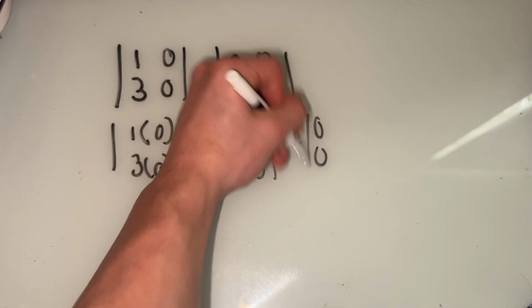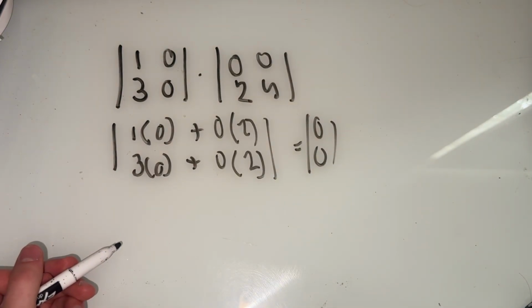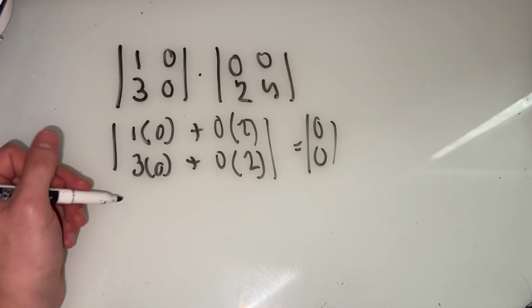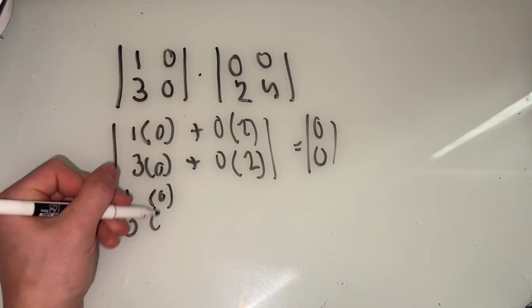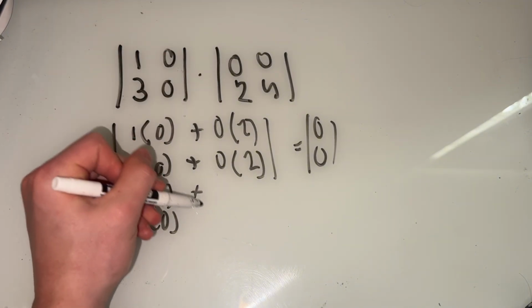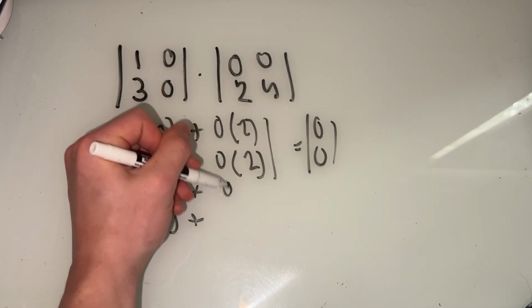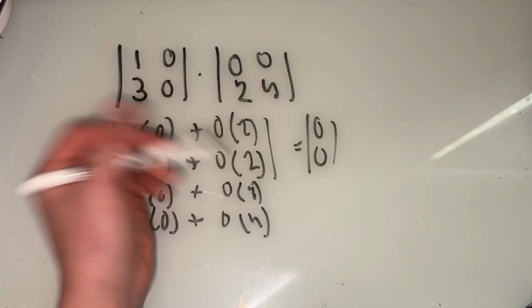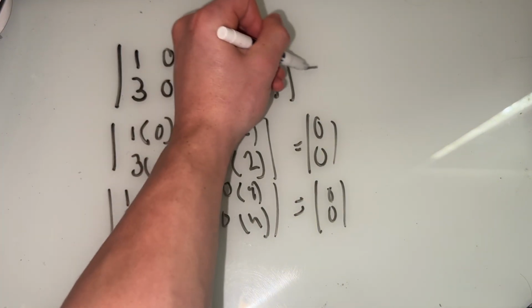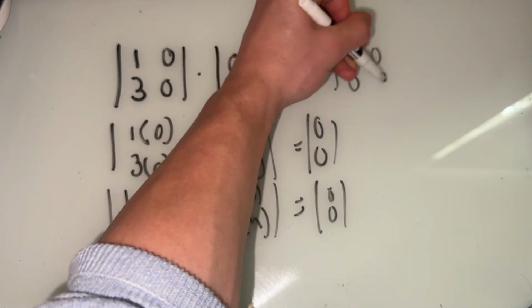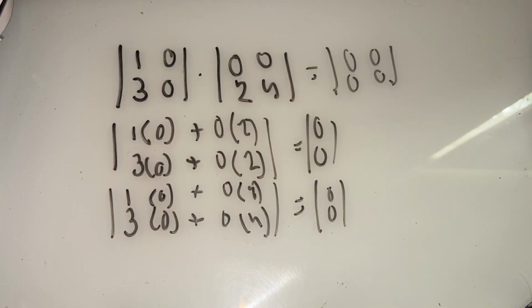It equals 0, 0. Next, take 1, 3 times 0 plus 0, 0 times 4 equals 0, 0. So the final matrix will be all zeros.